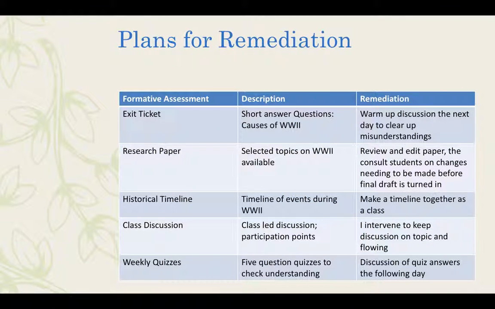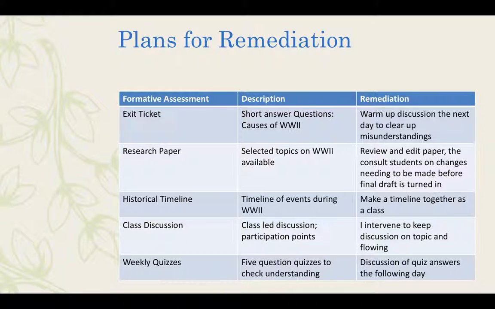Some plans for remediation that I have would be for the exit ticket to maybe have the warm-up discussion the next day to clear up misunderstandings if, say, most of the students answered the question wrong that I handed out. The research paper, to review and edit the paper, then have the students consult each other on changes needing to be made before the final draft is turned in.